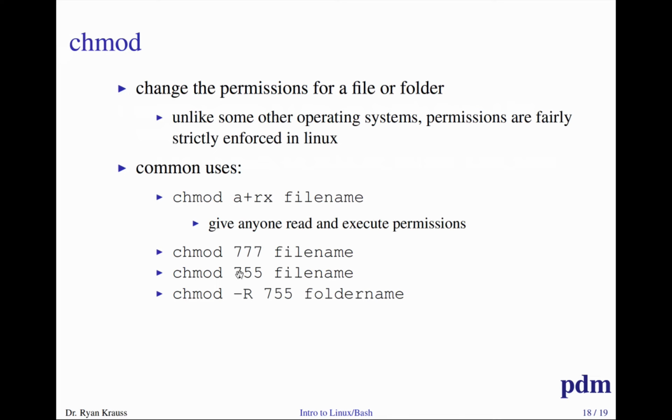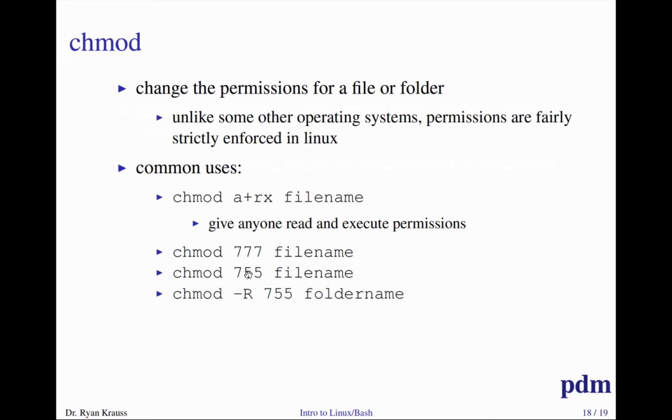So in addition to this, a+rx means anybody has permission to read and execute. In Linux, the world is broken into three groups of people: the owner of a file, certain groups of users, and then anybody. And so 777 would mean that anybody can read, write, and execute the file. 755 means that the owner has read, write, and execute permissions.